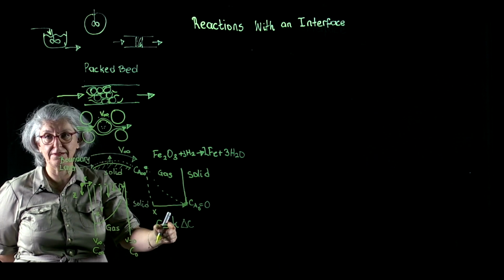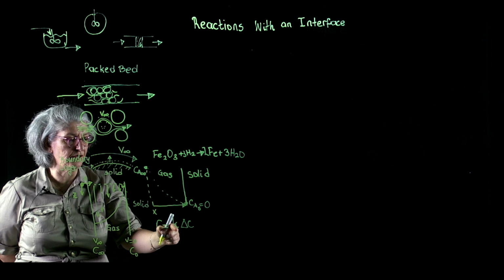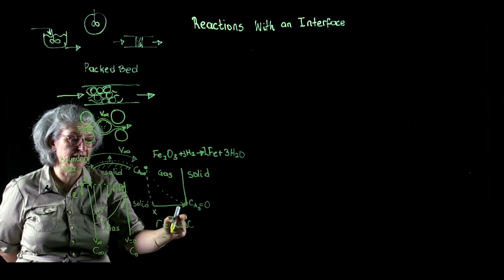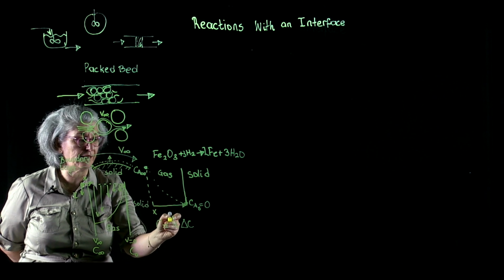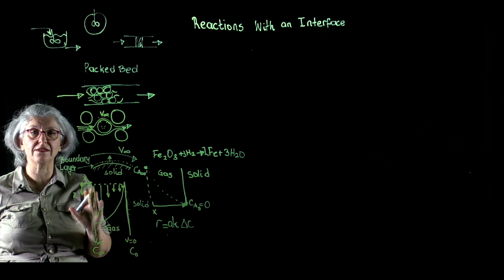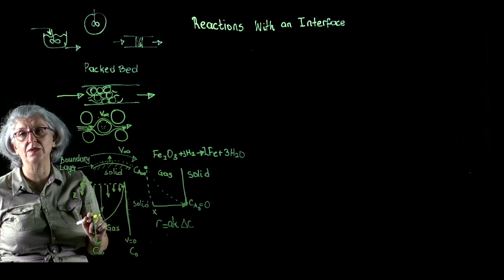K is the film mass transfer coefficient, delta C is the concentration gradient, but I have to be careful and I have to take the area across which this transport is taking place into consideration.